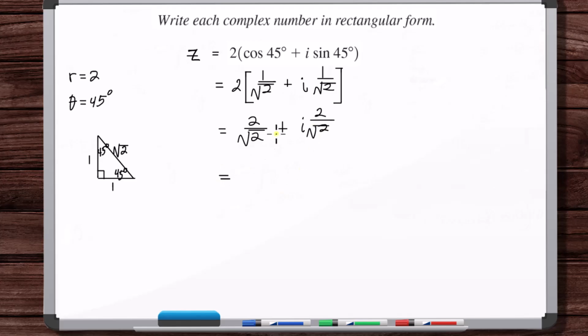Now rationalizing, root 2 over root 2 times each of these results in 2 root 2 over 2, which is just root 2. So root 2 plus i root 2. And there we go.